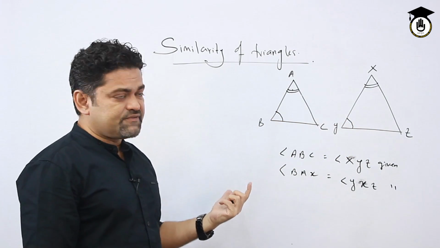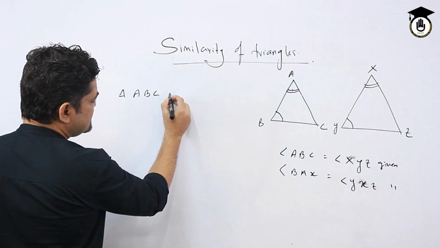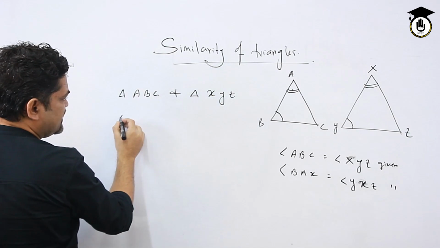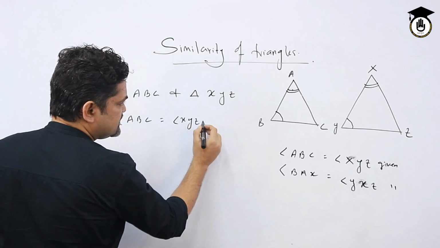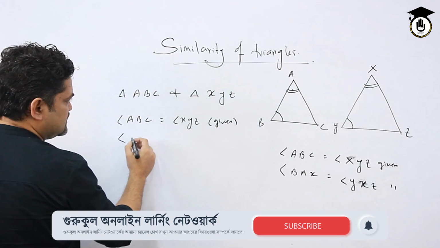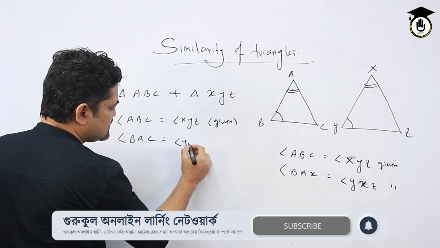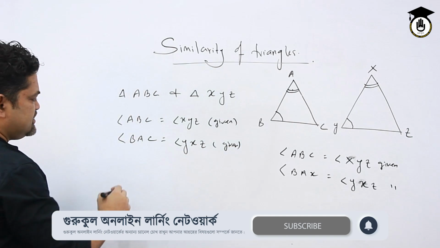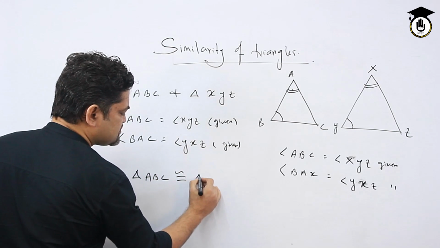So the concept here is, for triangle ABC and triangle XYZ, angle ABC is equal to angle XYZ, the reason is given, and angle BAC is equal to angle YXZ, it's also given.